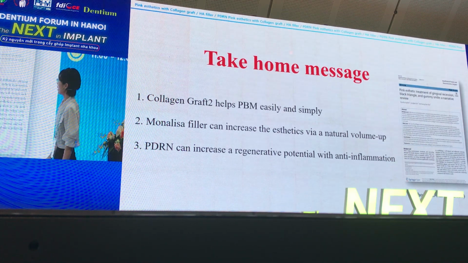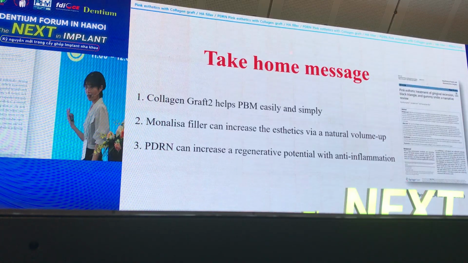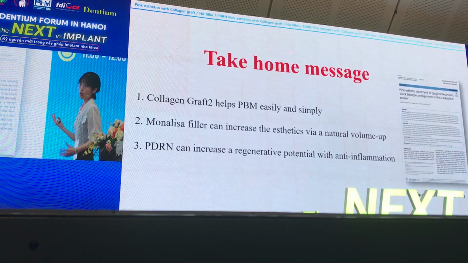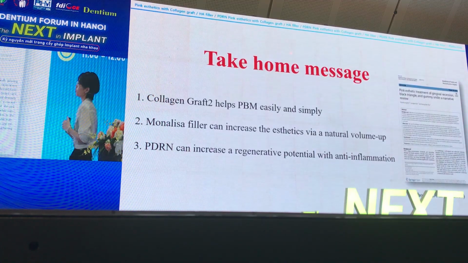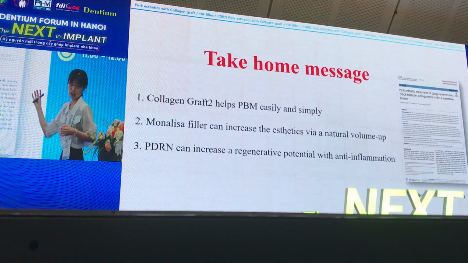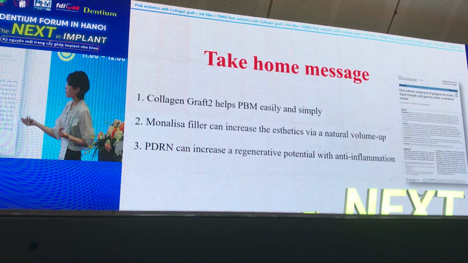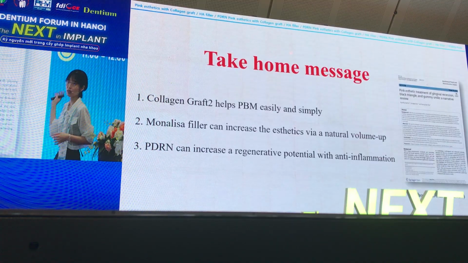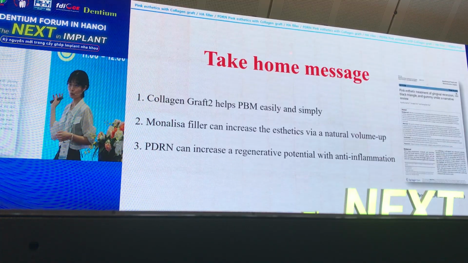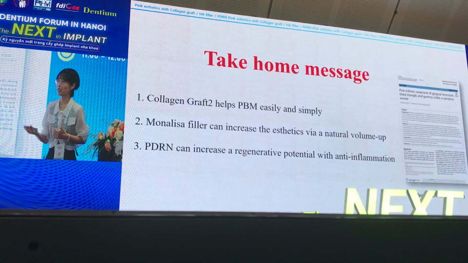And PDRN can increase the regenerative potential with anti-inflammation. Because I usually use collagen graft and PDRN, I published review papers, so you can find these review papers for your information in detail.